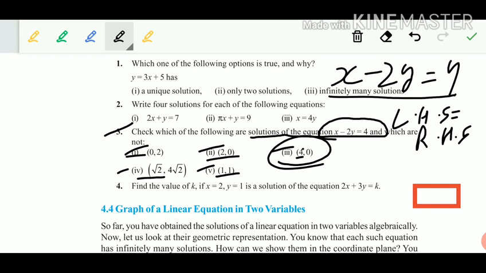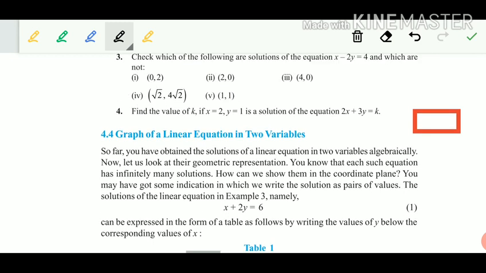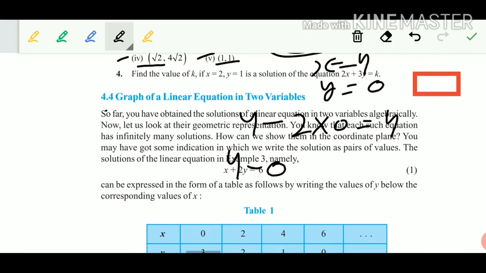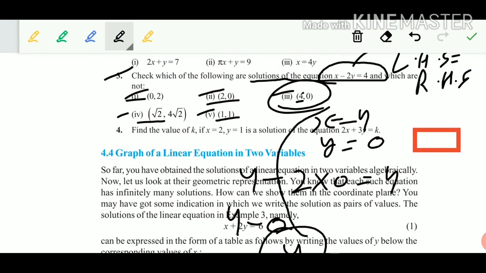So x value is 4 and y value is 0. Put this value in the given equation. It becomes 4 minus 2 multiplied by 0 is equal to 4. So 4 minus 2 into 0 is 0, so that is equal to 4. So the left hand side is equal to the right hand side.